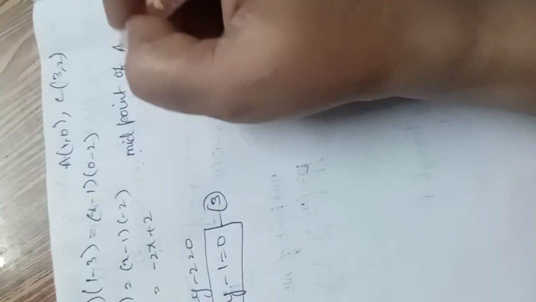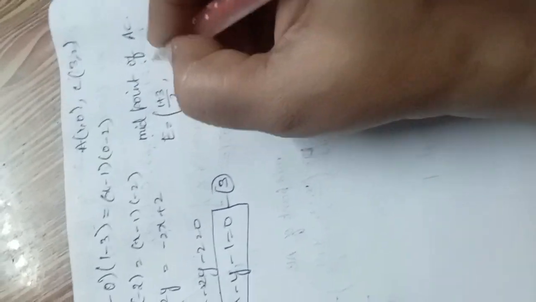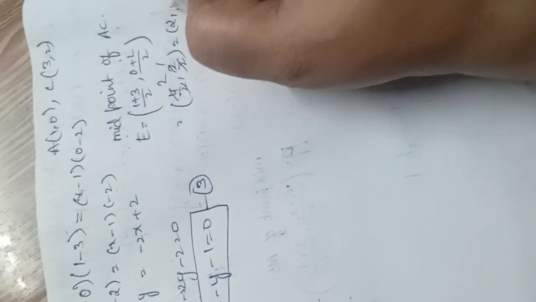Now find the midpoint of AC, that is E. That implies (1 plus 3)/2, comma (0 plus 2)/2, which is 4/2, comma 2/2, that is (2, 1) is the midpoint. Now for this, what is the perpendicular bisector, the perpendicular line?